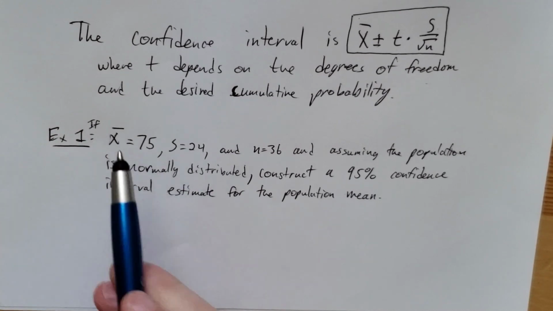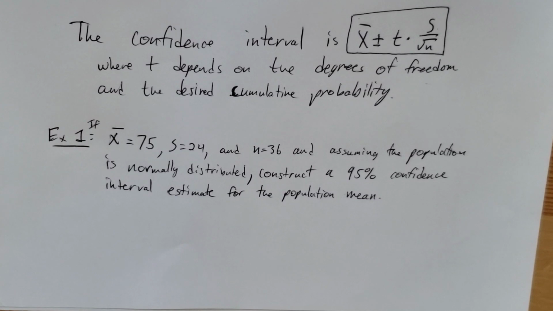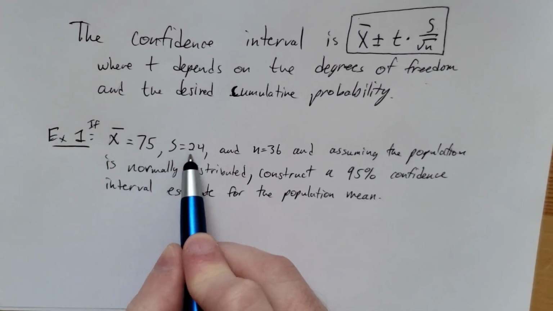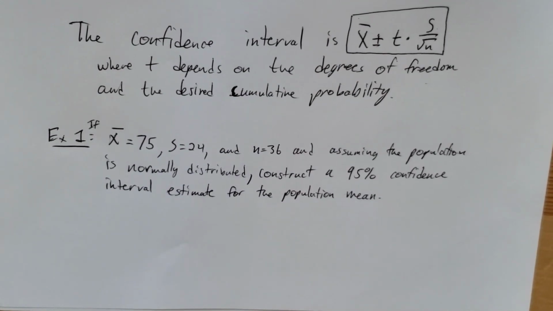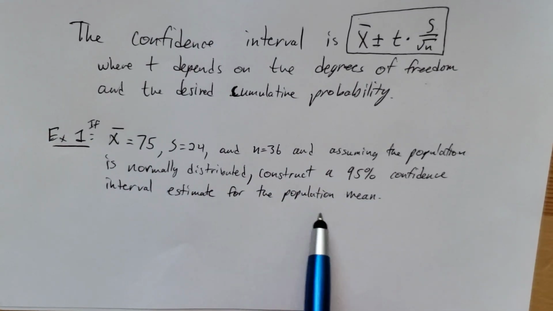Suppose our sample mean is 75, the sample standard deviation is 24, and our sample size is 36. Assuming the population is normally distributed, we're going to construct a 95% confidence interval estimate for the population mean.